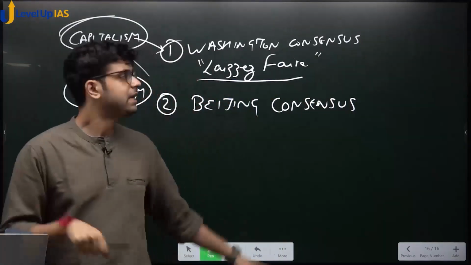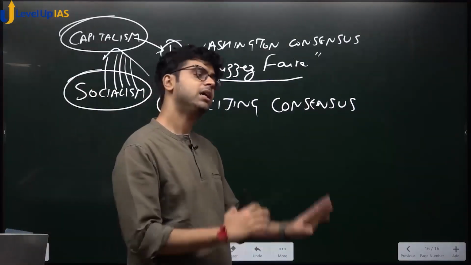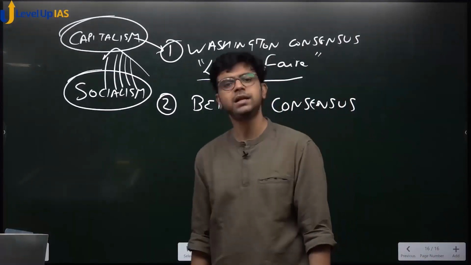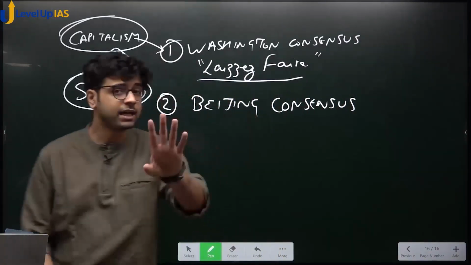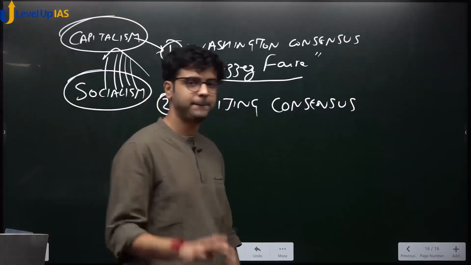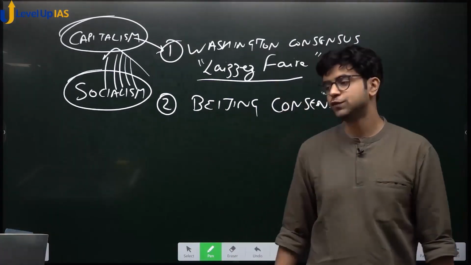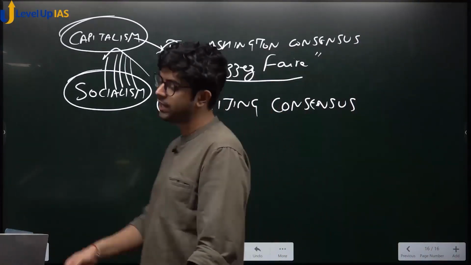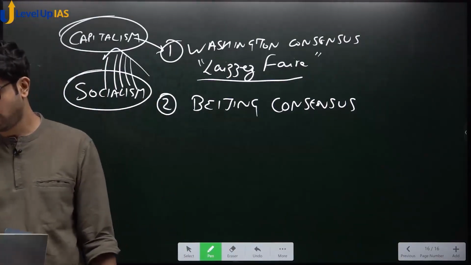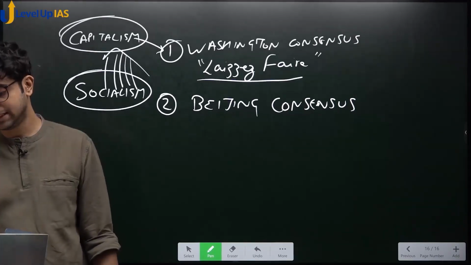These guys say, wait, do not step in, the economy will recover automatically. Keynes says that if you don't step in actively, the economy will not correct automatically. Right? So this Keynesian economics is what we follow even today, what India follows today, what most countries want to follow, and what most economic policies are based upon.